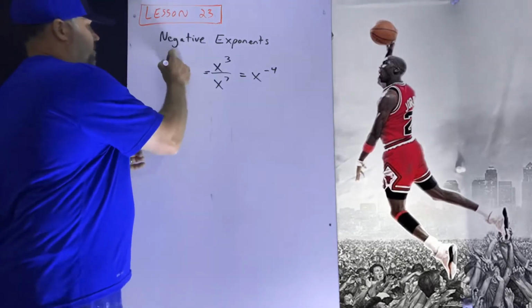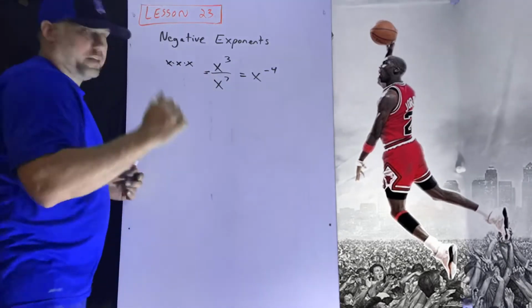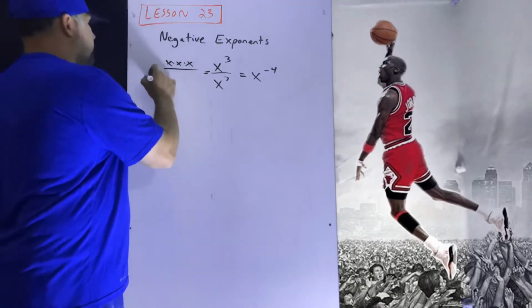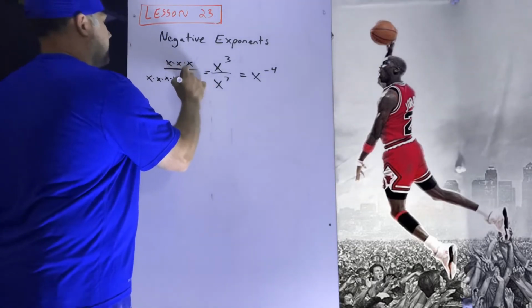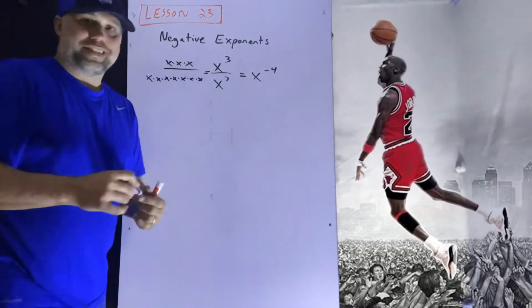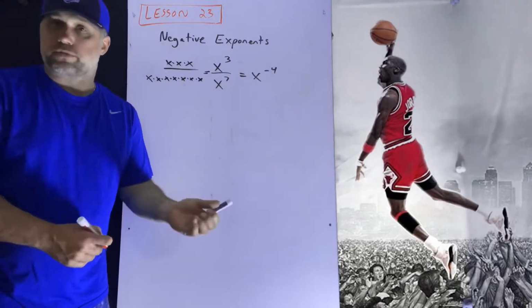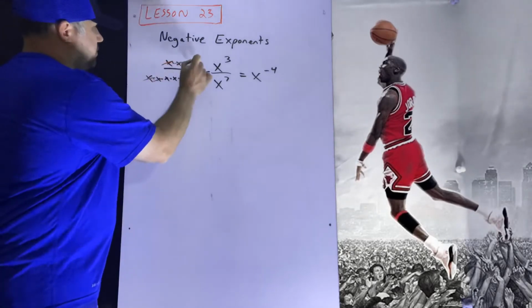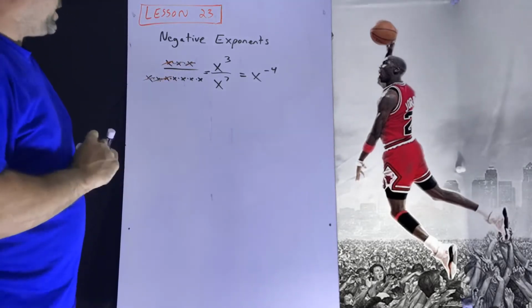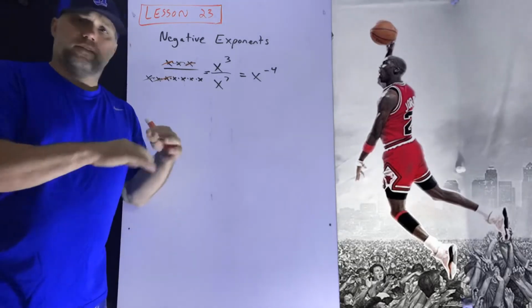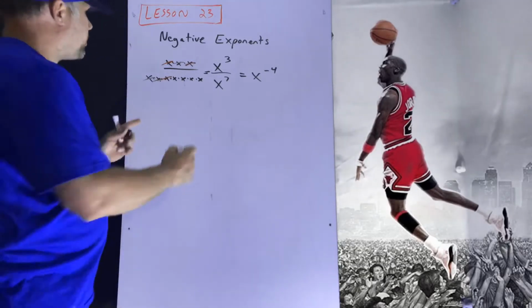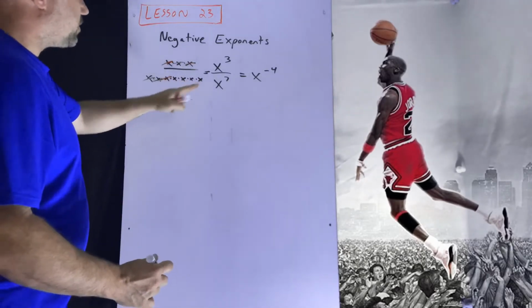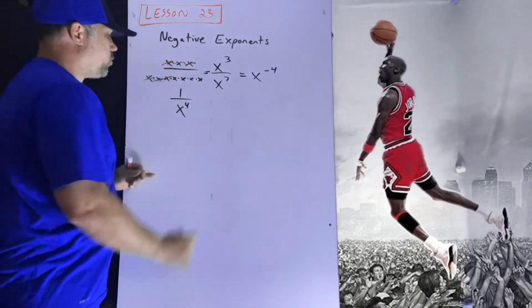If I take x to the 3rd and change it to x times x times x, because that's what x to the 3rd is, and I take x to the 7th and change it to x times itself 7 times, what I can do is some reducing. This x will reduce with that one, this one will reduce with that one, and this one will reduce with that one. And remember, if everything in your numerator reduces, you're still left with a 1 up there, so this will be a 1 on top. And then x times x times x times x on the bottom is x to the 4th.